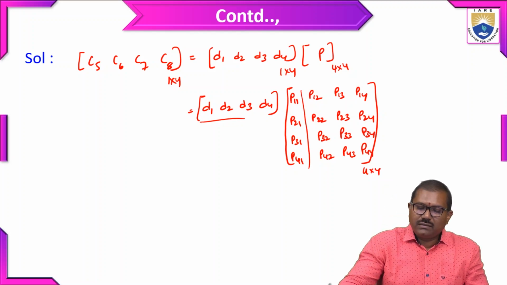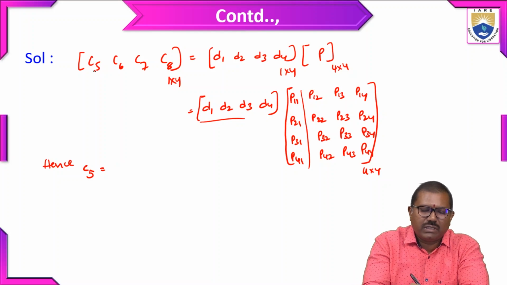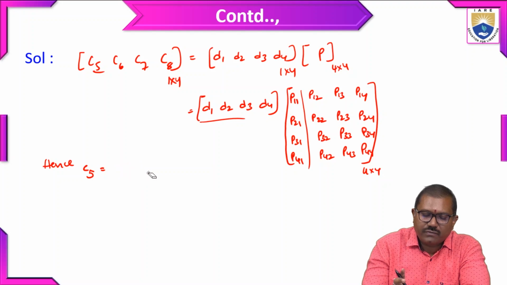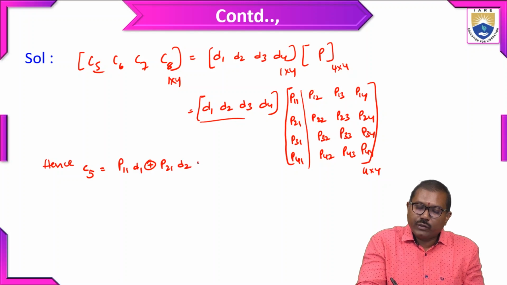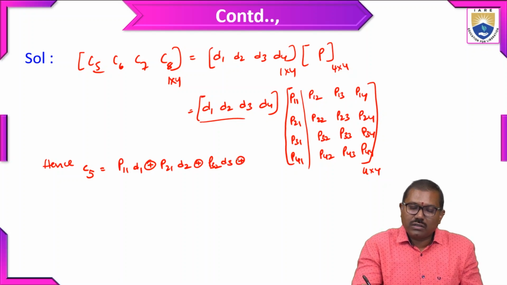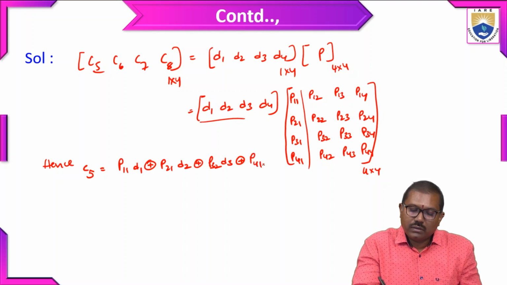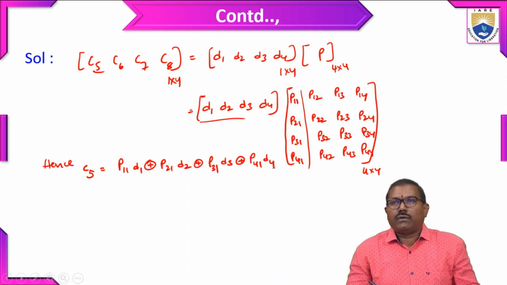Hence, the first one is C5. That is P11 D1 XOR P21 D2 XOR P31 D3 XOR P41 D4.